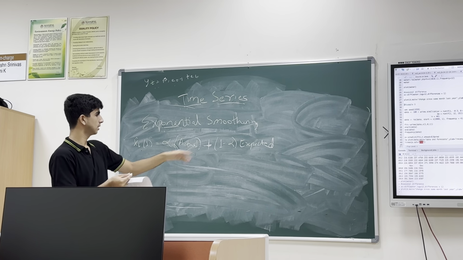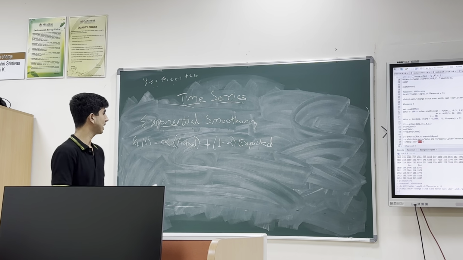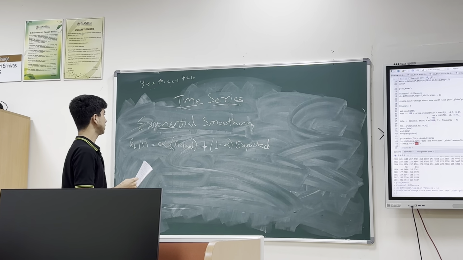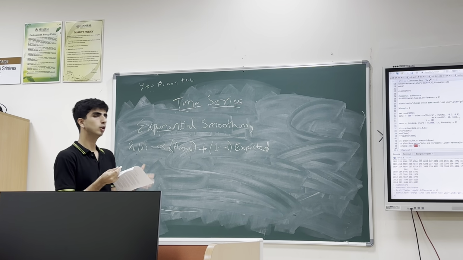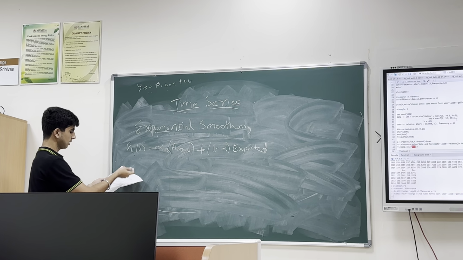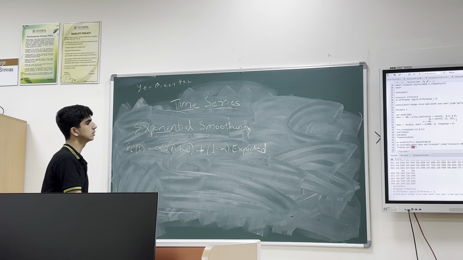That's what this equation is fundamentally saying. Alpha is a value between 0 and 1, and you can change it and use whichever value works best for you. This is a one step ahead forecast using exponential smoothing.